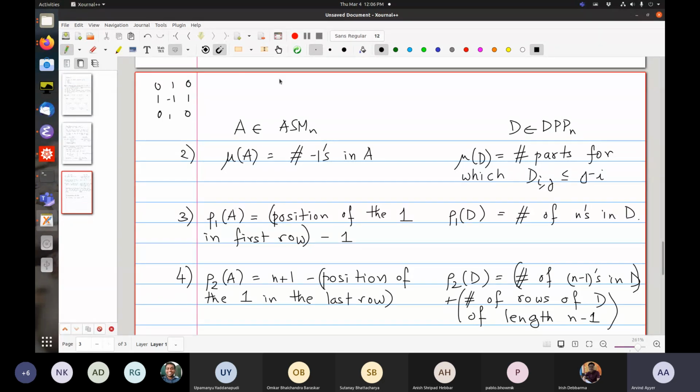For n equals 5, you have 0, 0, 1, 0, 0; 0, 1, minus 1, 1, 0; 1, minus 1, 1, minus 1, 1; and so on. This is an ASM. For n even you miss out slightly, but still you get order n squared, exactly n minus 1 squared.